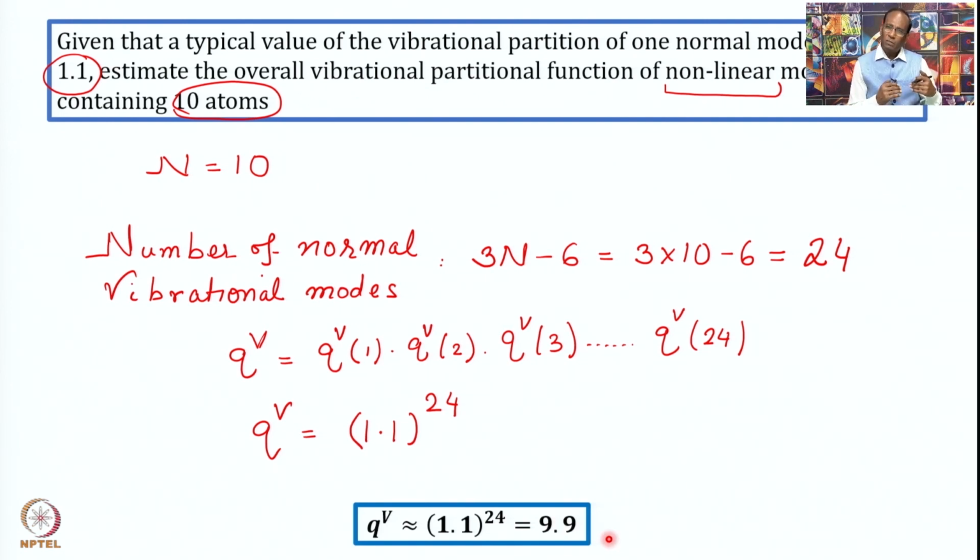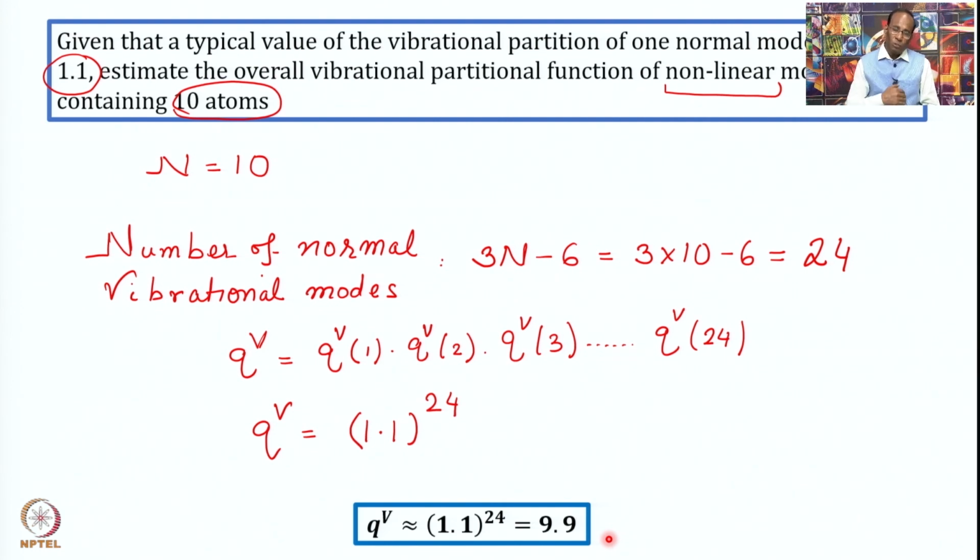At this point we can have a general comparison of the translational, rotational and vibrational contributions to partition function. Recall some of the numerical problems that we solved while calculating translational partition function. Remember, the value of partition function turned out to be some number into 10 raised to the power 20, 24, 30, very large. That means at room temperature many translational energy levels are significantly populated.